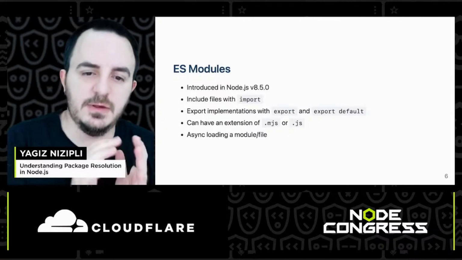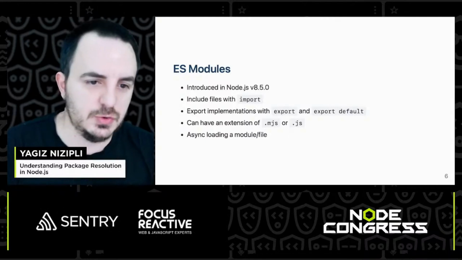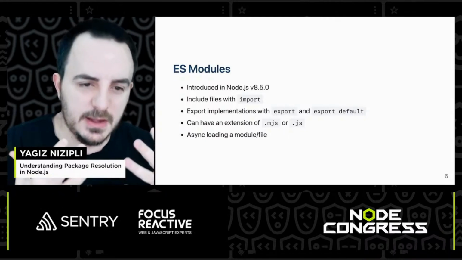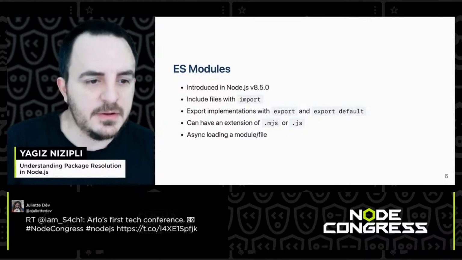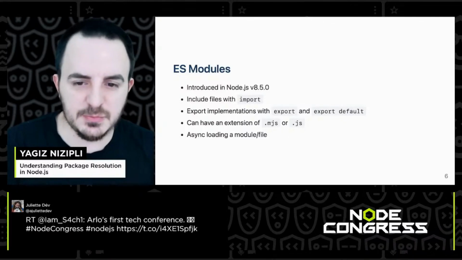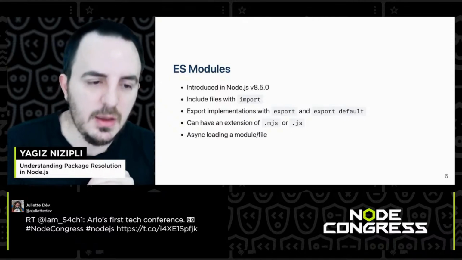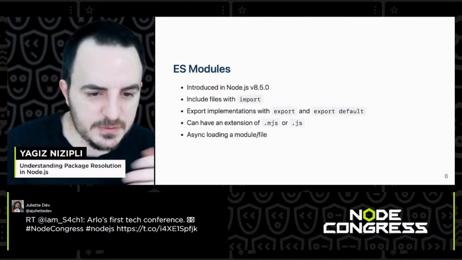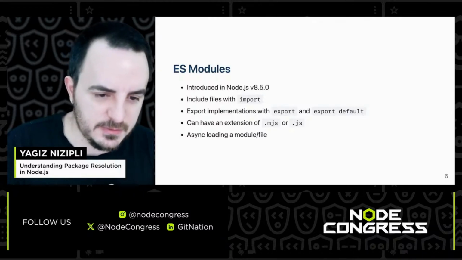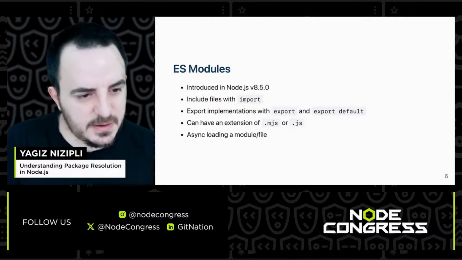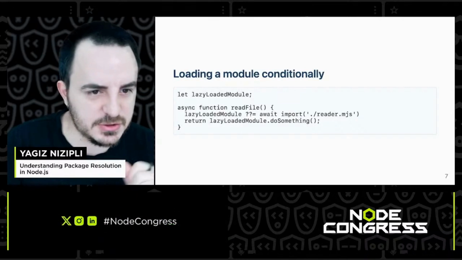But if it's inside a function, you need to await the import statement because import returns a promise. Export implementations use export and export default, and it can have an extension of .mjs or .js, with async loading of a module file. So at its base, it's an async loading structure.